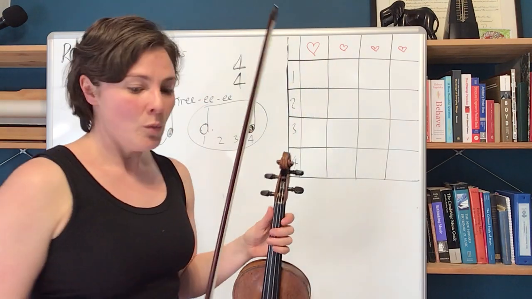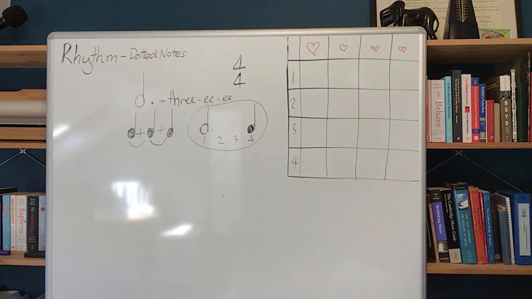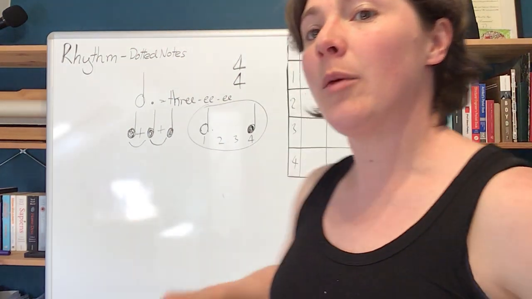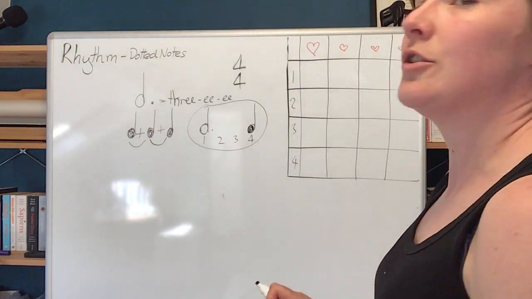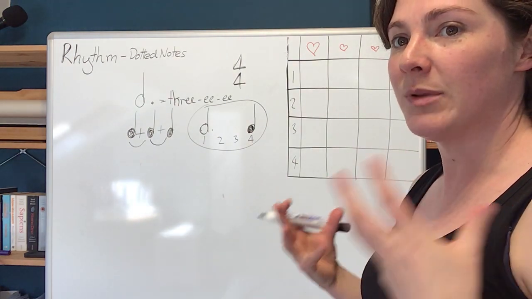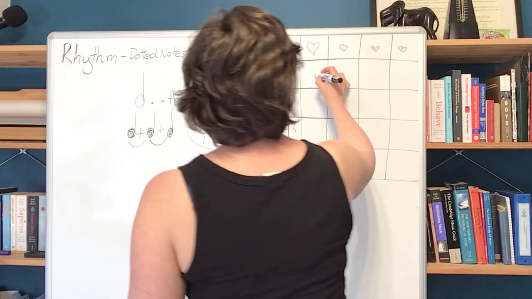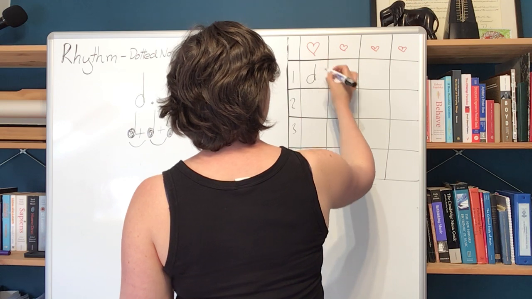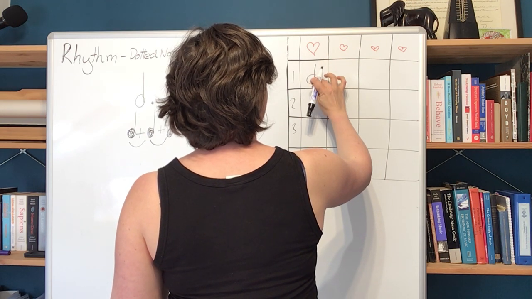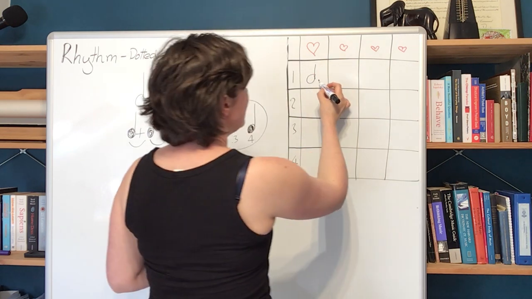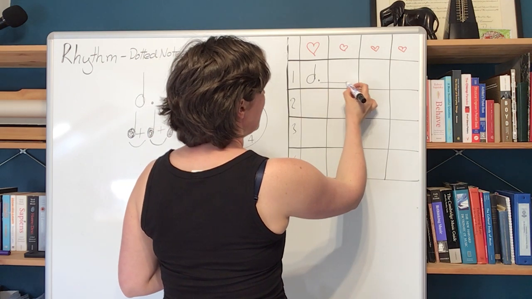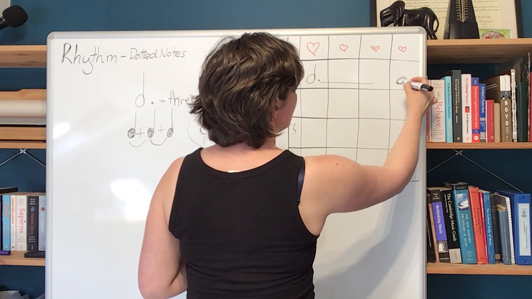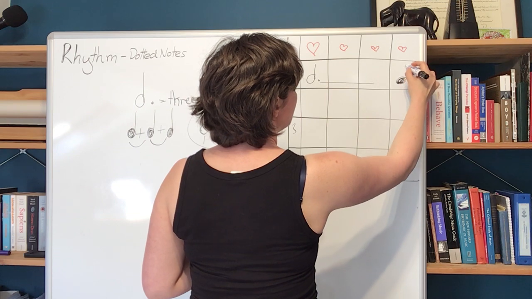Okay, so we have done dotted minims. They're probably the simplest of our dotted rhythms, and probably the easiest to put onto our instruments. So I'm going to write, we're not doing dictation today, so you can read it off the board. I'm going to draw a line to show that that goes through those bars here.